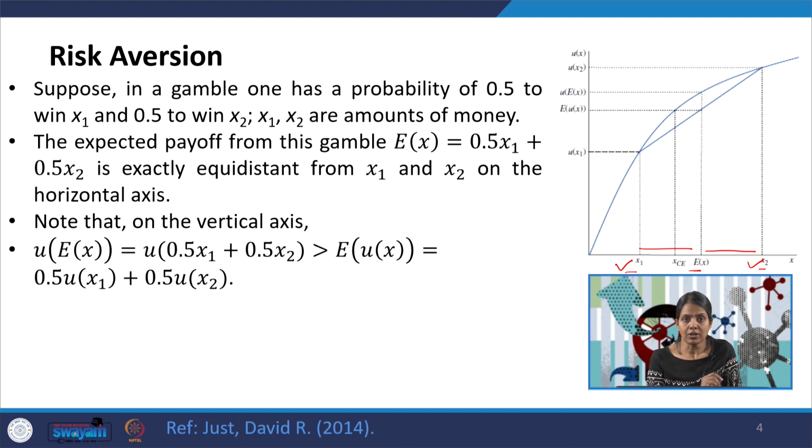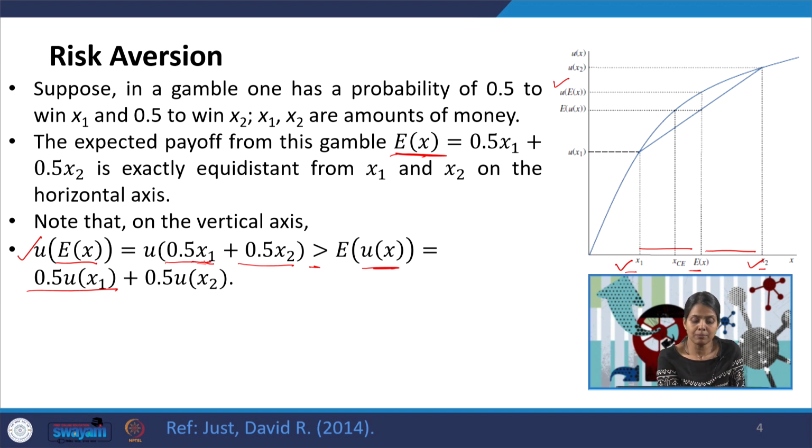Note that on the vertical axis we have the utility of the expected value of x, which is the utility of 0.5 x1 plus 0.5 x2. Basically 0.5 x1 plus 0.5 x2 is the expected value. There is a minor difference here.